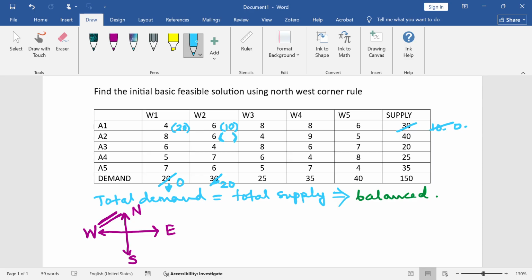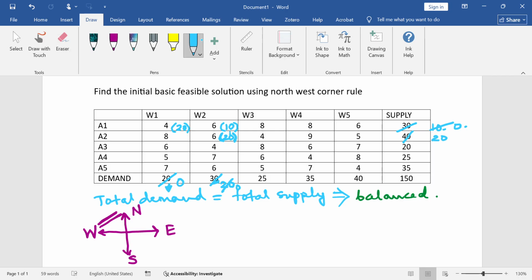Okay, now here we see, and why so? Because W2 has got a demand of 20 that needs to be finished. So here we see the demand is 20, the supply is 40. So I can fulfill this demand of 20 over here. So this becomes 0 and this becomes 20. Okay.